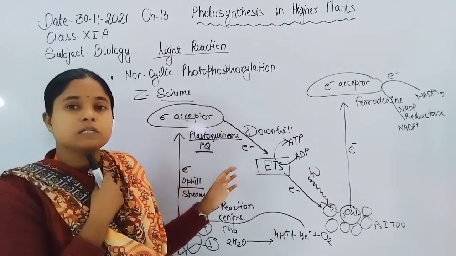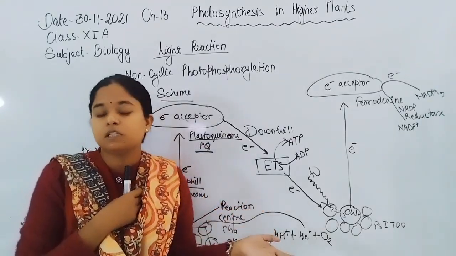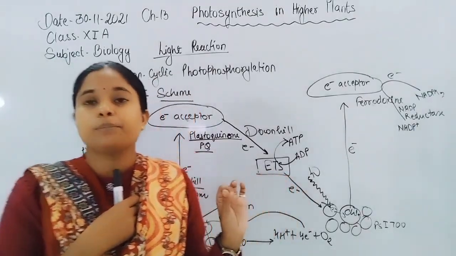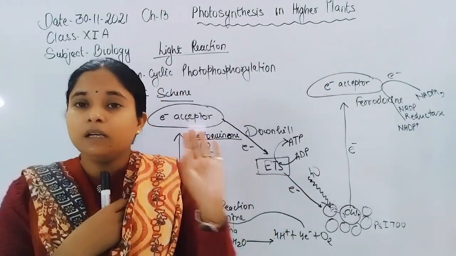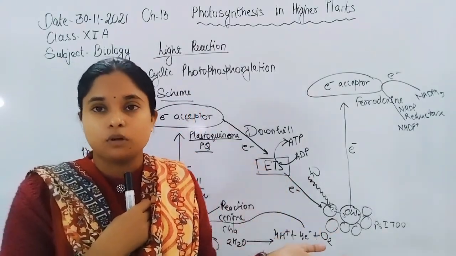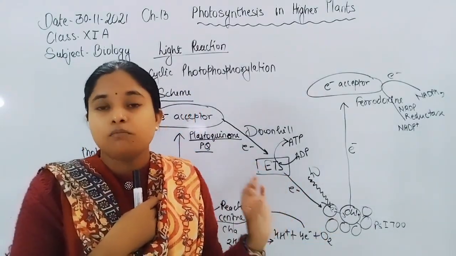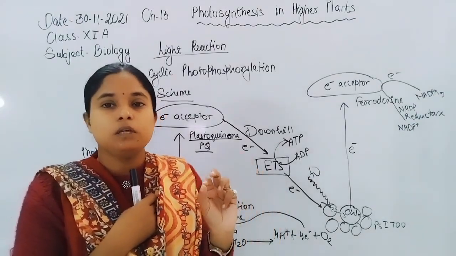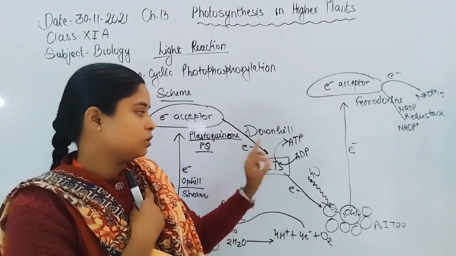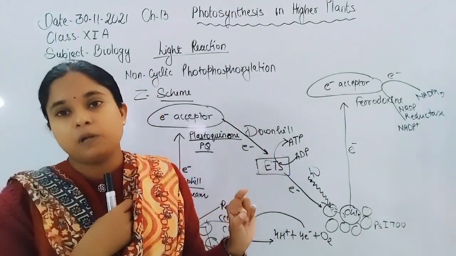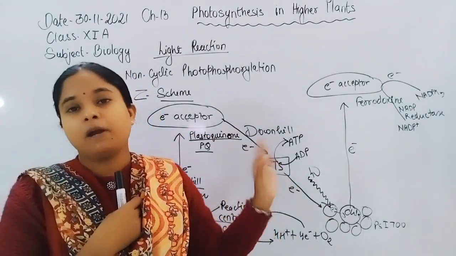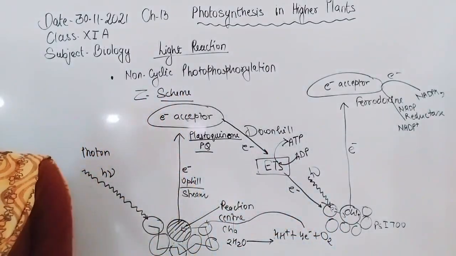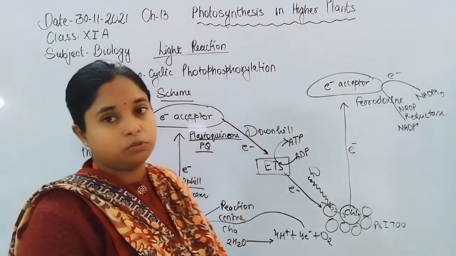As we know, in respiration we have also discussed that the F0F1 particle helps in the formation of ATP, as in the mitochondria. So they also perform their function in the chloroplast, similar to the mitochondria.